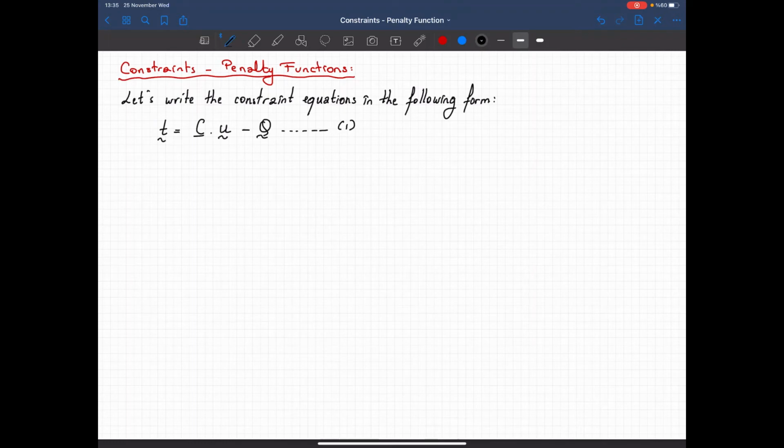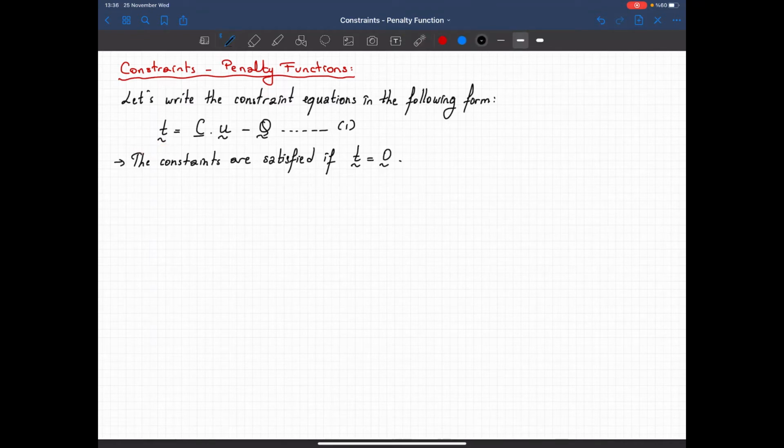We say that the constraints are satisfied if this vector is equal to 0. So we satisfy all the constraint equations if this part is equal to 0.